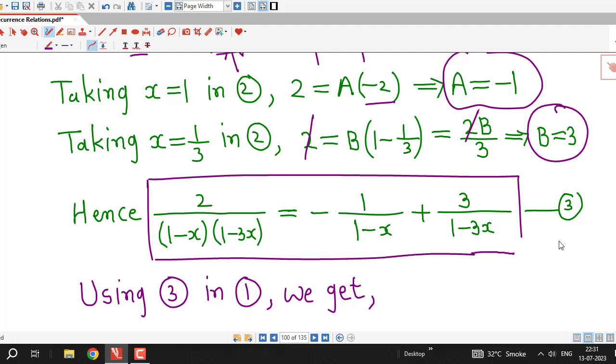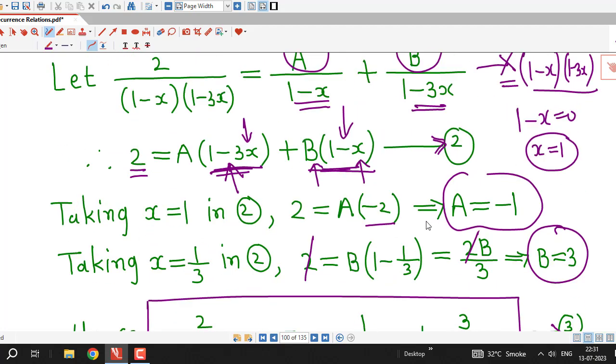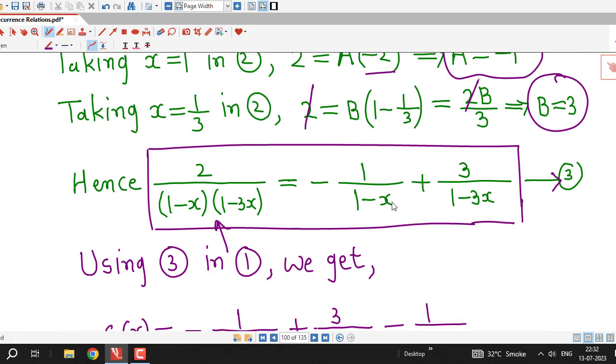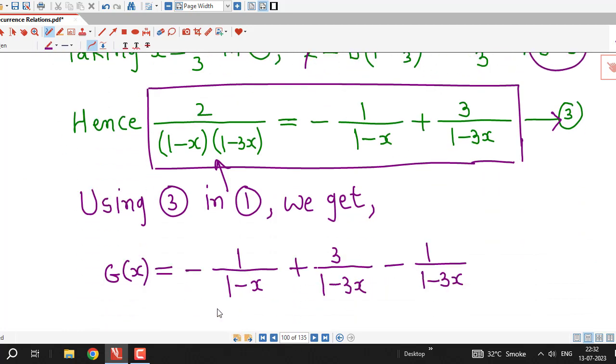And now we substitute this equation number 3 or value of this rational function in that function formula of g(x). So this will be replaced by this minus 1 over 1 minus x plus 3 over 1 minus 3x.